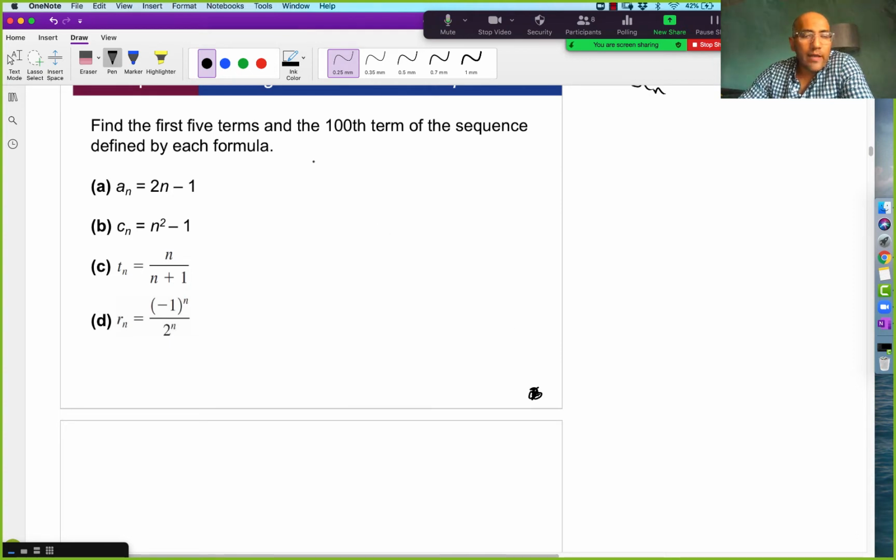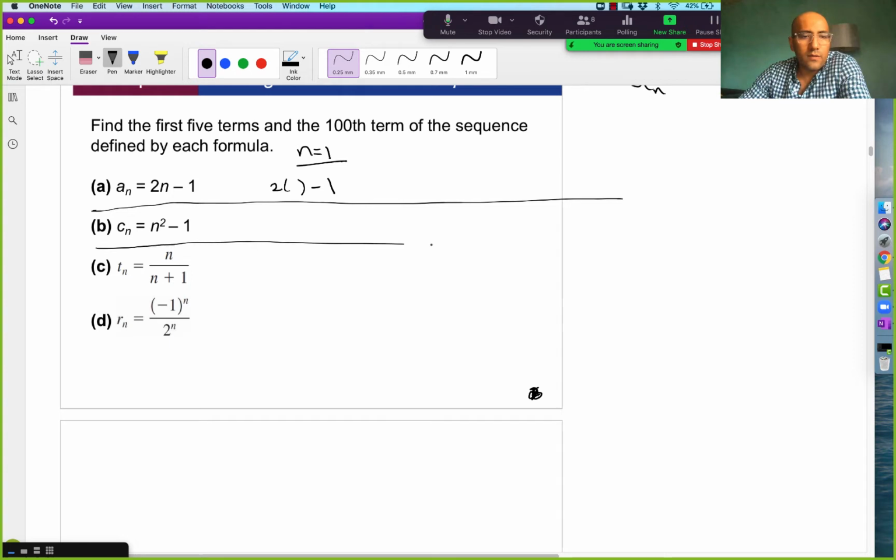So when n equals 1, this first one will lead to 2 times blank minus 1. Let's call this a sub 1. c sub 1 will be blank squared minus 1.